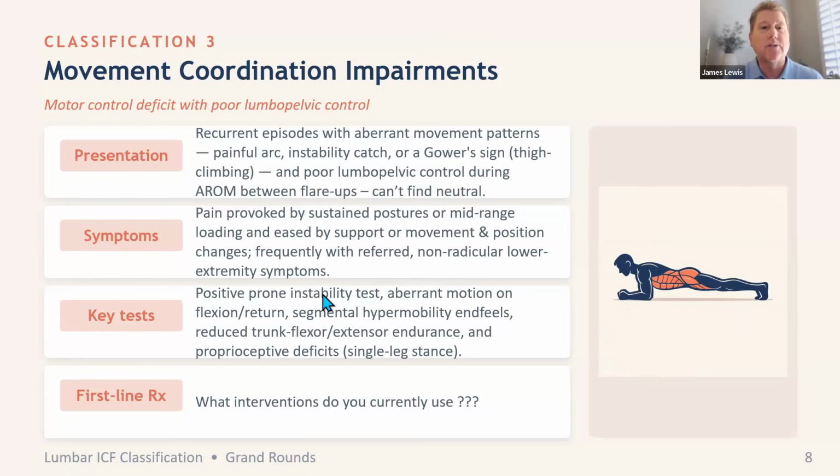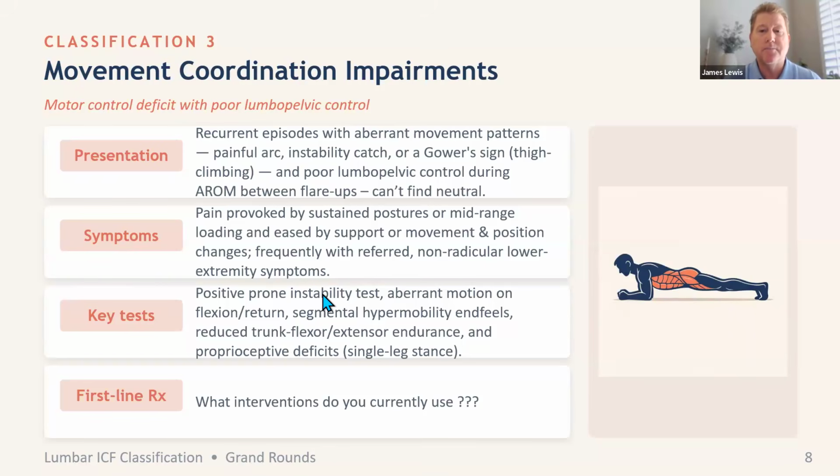They get x-rays. X-rays are typically pretty clean. They might show a little early degeneration, but these people are in their 30s, 40s, so there's not going to be a whole lot unless it's pretty significant. All right, so the recurrent episodes, they've got aberrant or abnormal movement patterns where maybe there's a painful arc as they're going through flexion, in that mid range or at that initial moment where the lumbar spine starts to move.